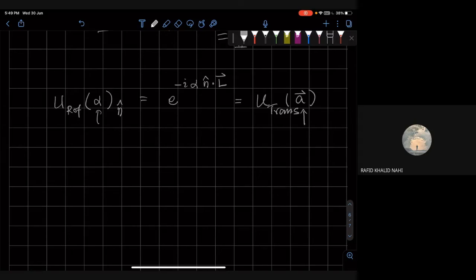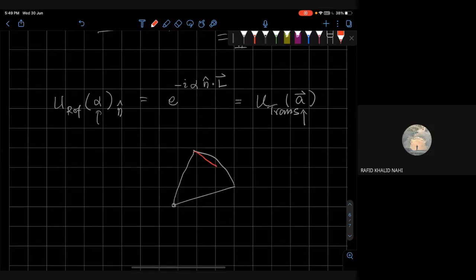If I do the rotation of my system through an arc, then that translation vector is going to be this vector, right? This is going to be A, and this will be alpha. Do you agree?